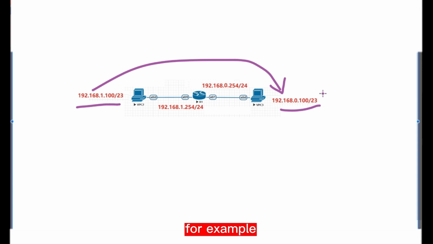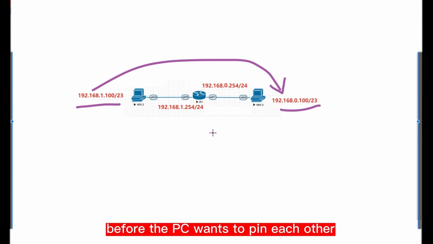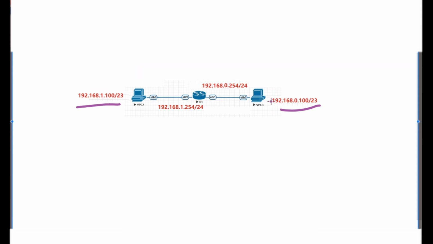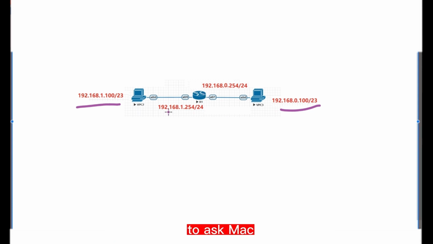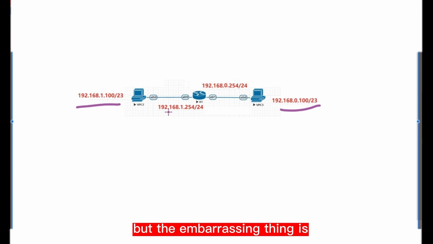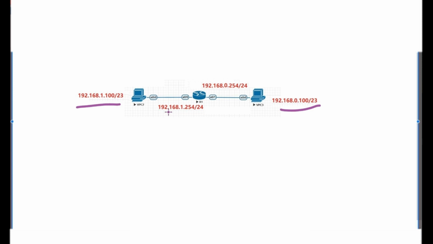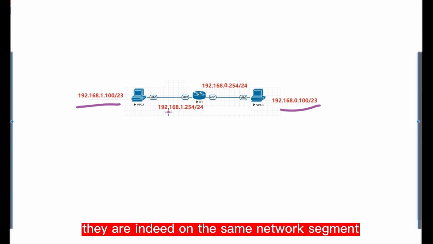For example, when the PC wants to ping the other side, it has to encapsulate the second layer. I don't know the other party's MAC now, so the PC must first send an ARP packet to ask for the MAC. But the embarrassing thing is, they are indeed on the same network segment.